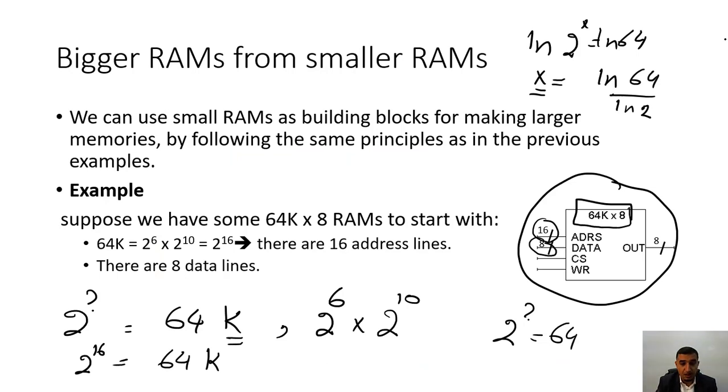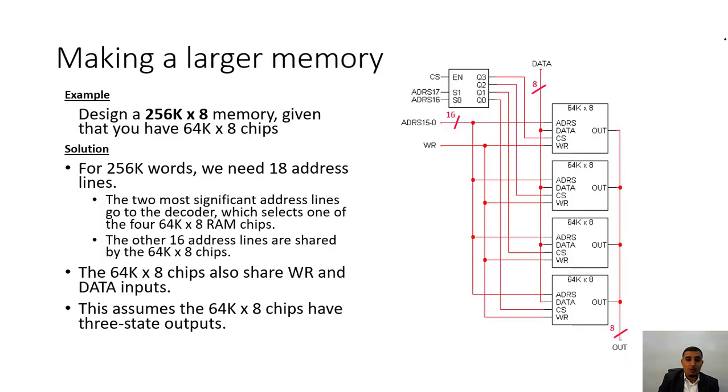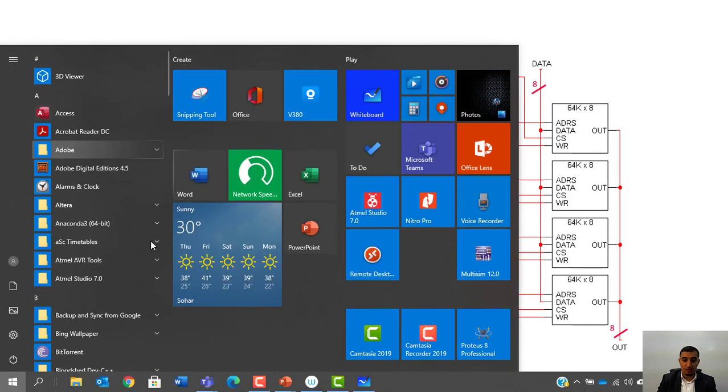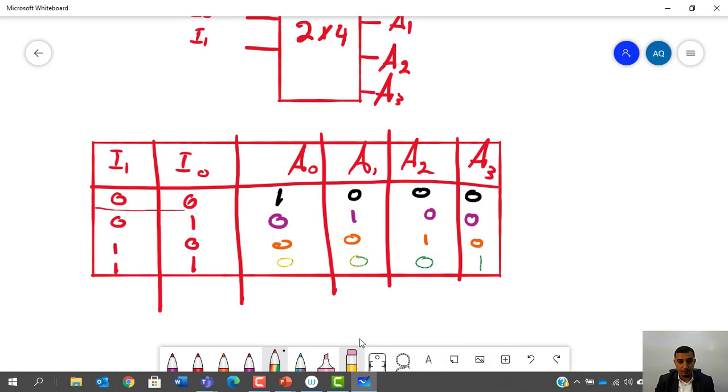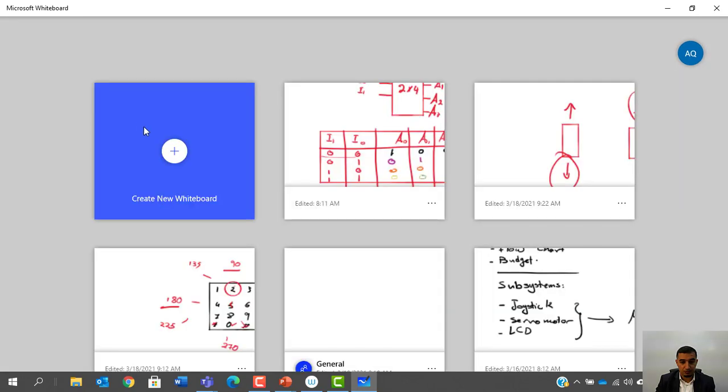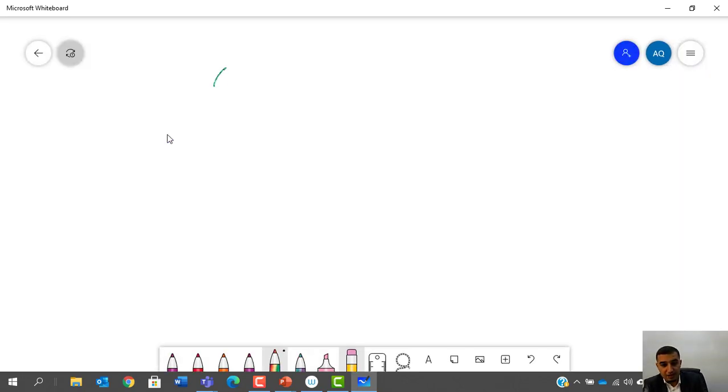Okay. Now, if we go back to the RAM over here, you can see that we want to design our RAM. Suppose that we have 64K RAMs to start with. We want to build a 256K by 8.